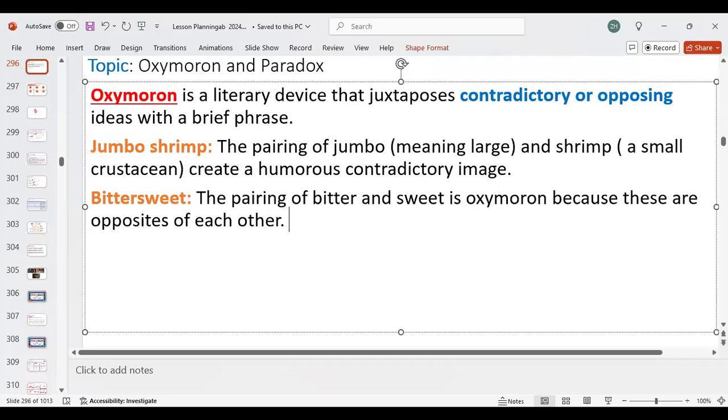Same means alike and different means something that's not similar. But it's still an oxymoron, because how could it be same different, same difference? Give me one. Deafening silence. Deafening silence is a good one.